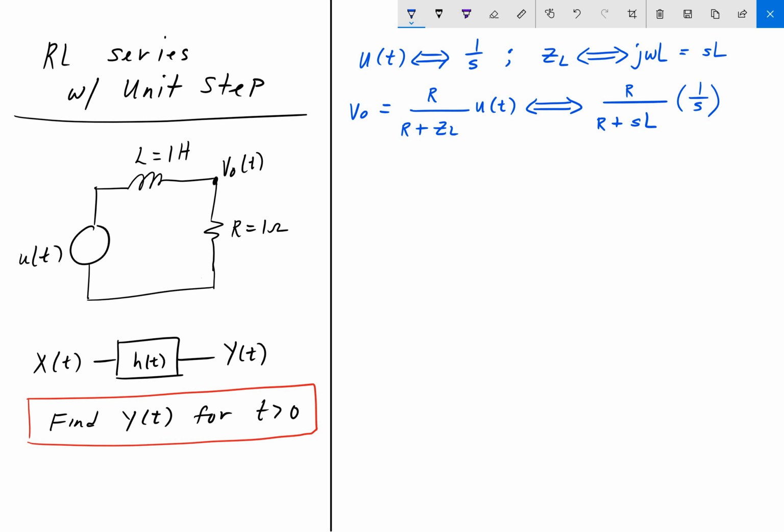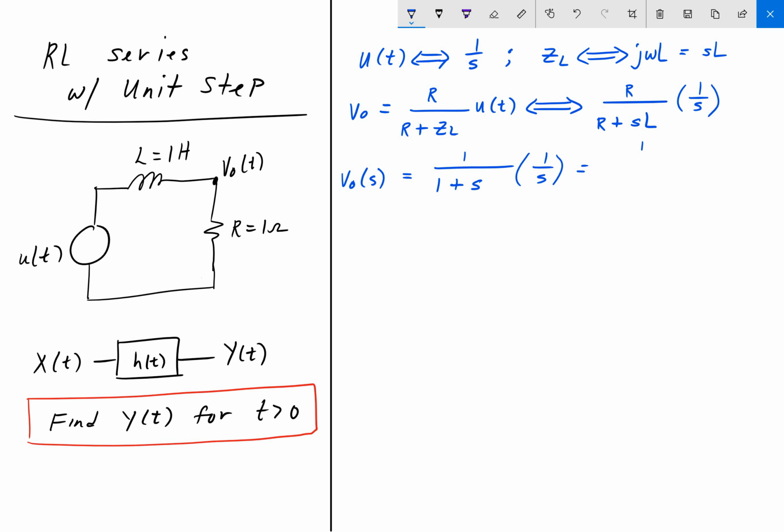And then we can plug in the values here. So V out in the Laplace domain is R equal to 1. Remember, the Laplace transform doesn't affect resistance. Resistance is just a constant. So that's R, equal to 1, divided by 1 plus L, which is also equal to 1, so that's s, multiplied by 1 over s.